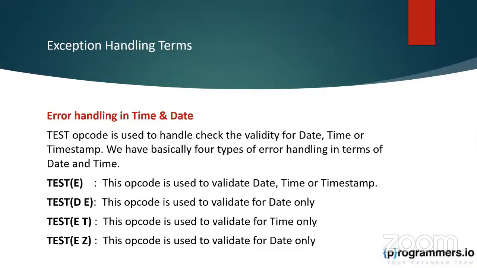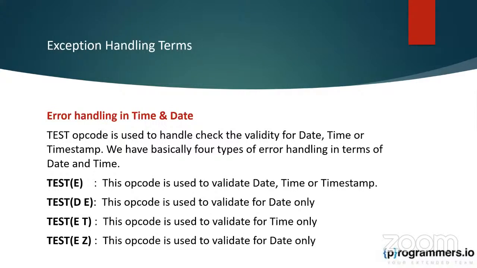We can use TEST(E), TEST(DE), TEST(TE), and TEST(Z). TEST(E) we use to validate the date, time, or timestamp. TEST(DE) can only be used to validate the date. TEST(TE) can only validate the time, and TEST(ZE) will only validate the timestamp.